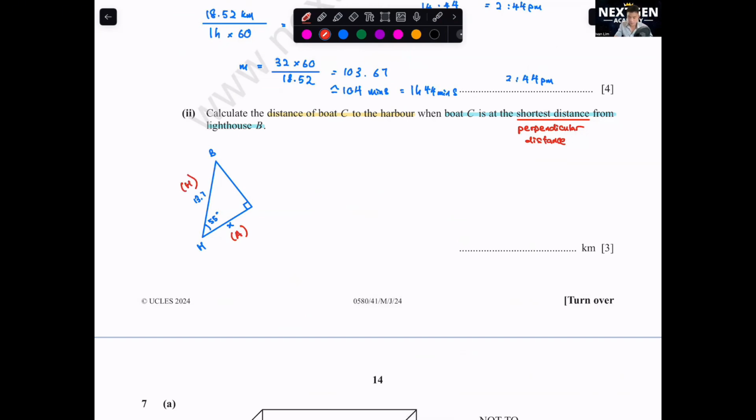So it's cos theta. Cos 55 degrees equals X over 13.7. So for X, 13.7 cos 55 degrees equals X. We calculate this, and our final answer is 7.88 km. And this is how you do the last question.